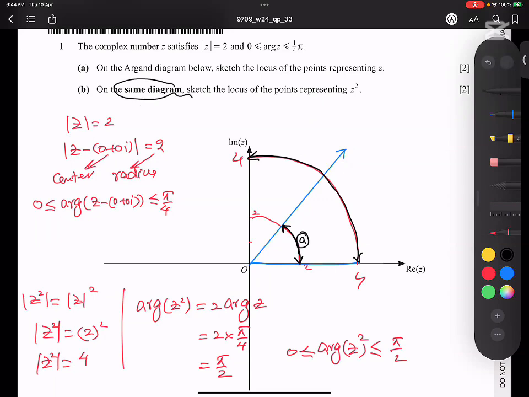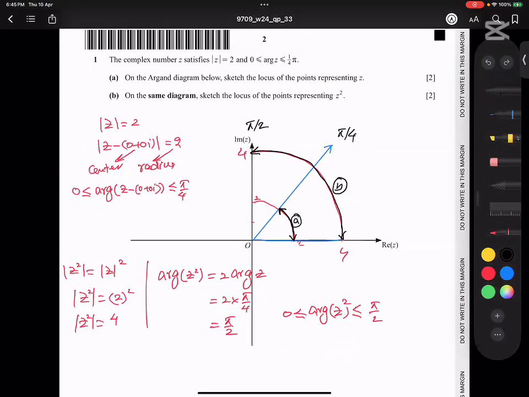He said in the same diagram, sketch the locus of all points z square. Make sure this is not less, not more, but equal. Equal means on the circle edge. So in the boundary of 0 and pi by 2, this is pi by 2, and this is pi by 4. This black color arrow is the answer for part B, and this black color arrow is the answer for part A. I hope the concept is very, very clear.